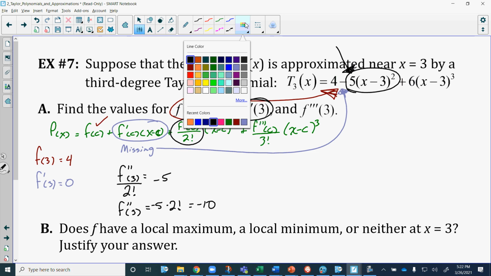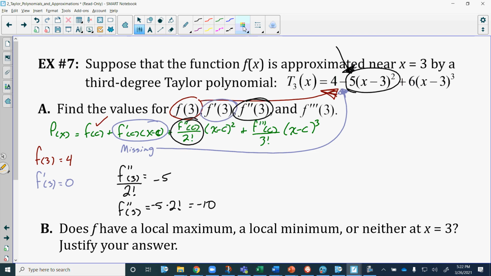And the last one that we have here is f triple prime of 3. This is the part that we're focusing on, meaning that in this case, we're only really looking at that 6. Now, f triple prime of 3, according to the general form of the Taylor polynomial, is over 3 factorial.